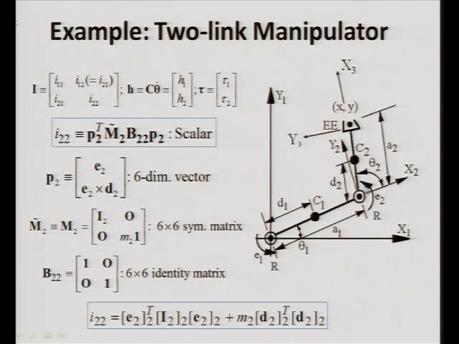So, this is my D2. Okay. And M̃2, since M2 is the last body here, is nothing but the mass matrix M2, equal to I2 and m2 times the identity matrix. B22 by definition will be an identity matrix.